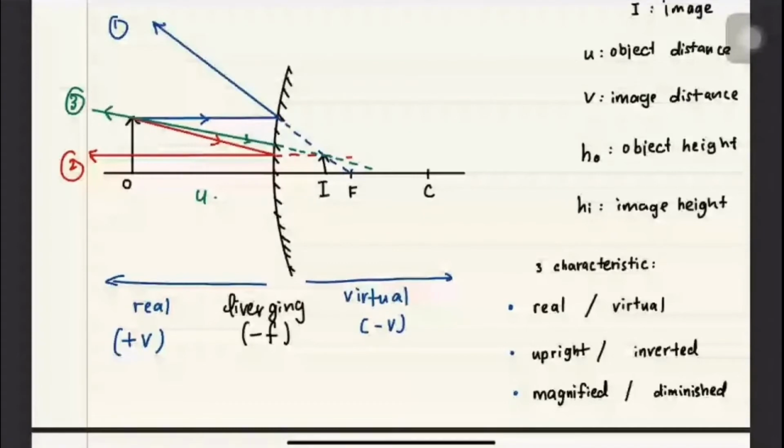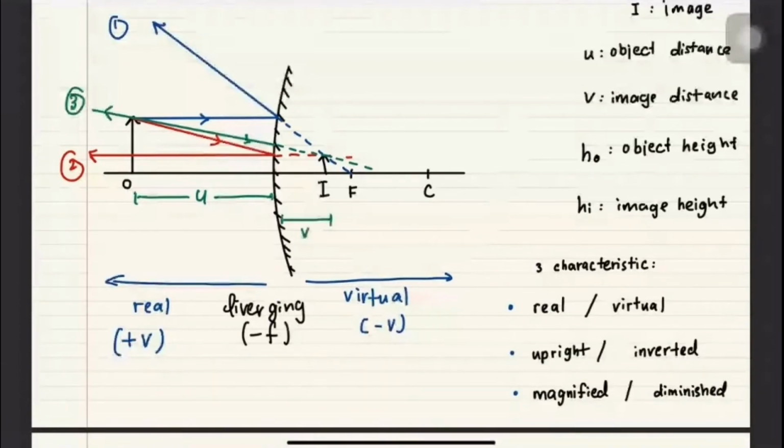The distance between the image and the surface is what we call V, image distance. And that V can be positive, can be negative. It depends on the position. Like in this example here, it should be a negative V.